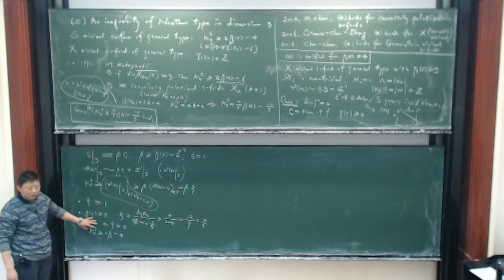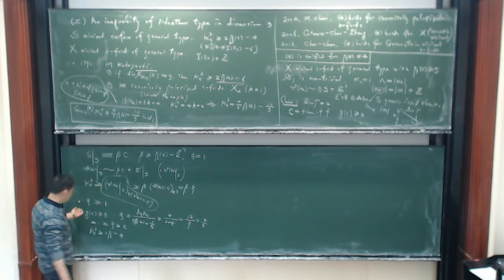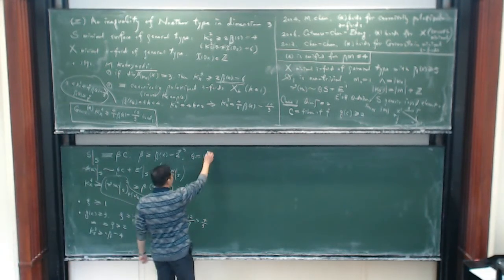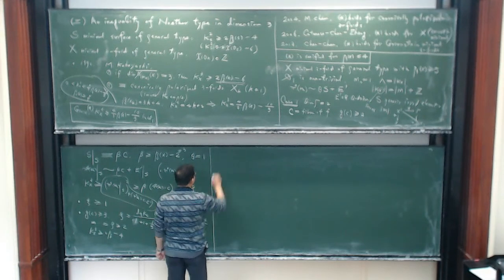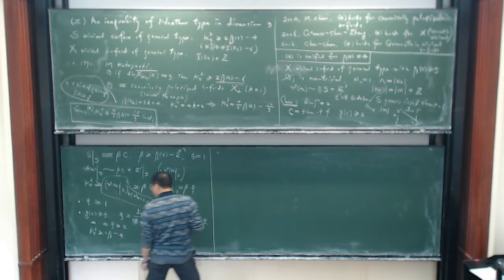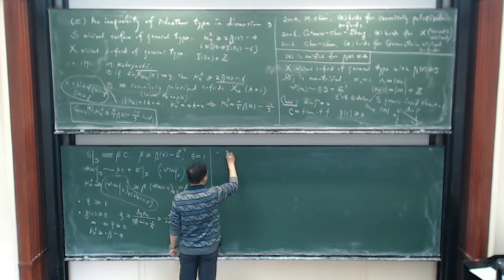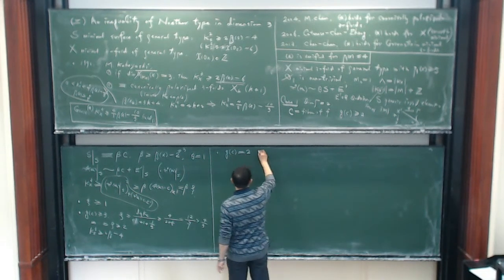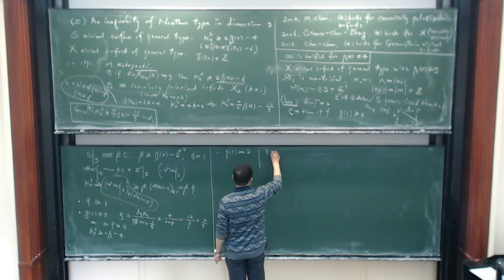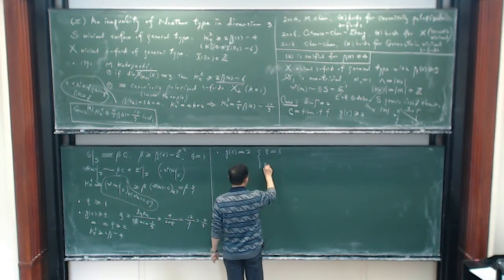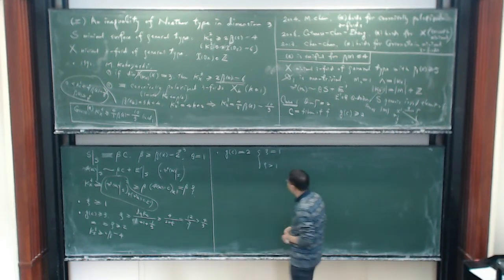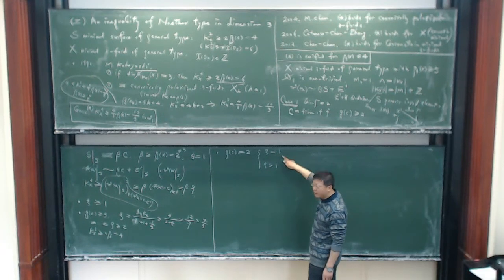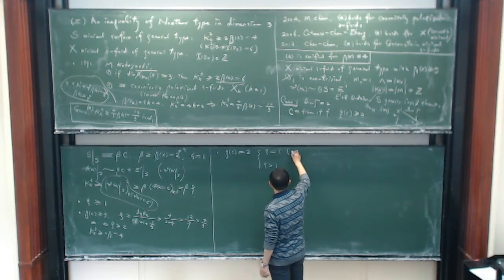This is very good. The difficult case is when GC is 2. What happens? When GC is 2, we have two cases: either psi is 1 or psi is strictly larger than 1. In this case, this really happens. This corresponds to Kobayashi's example.